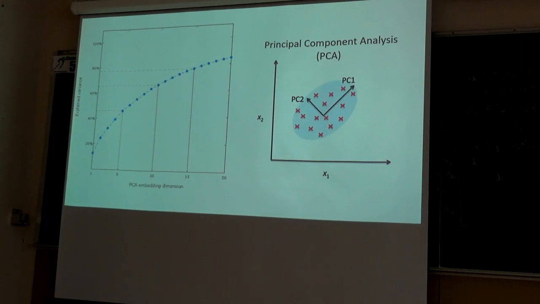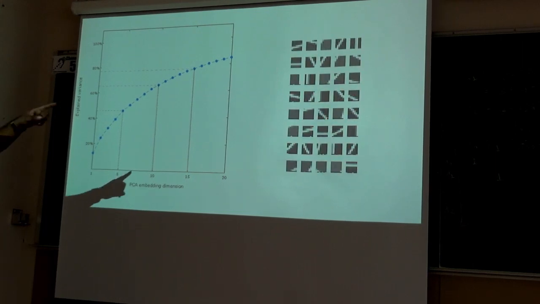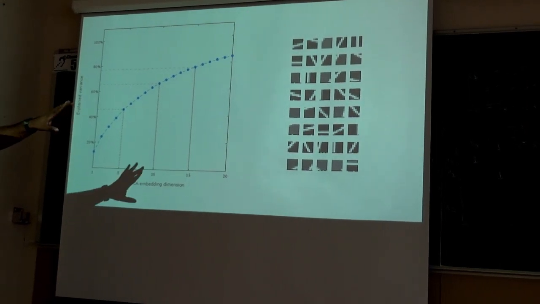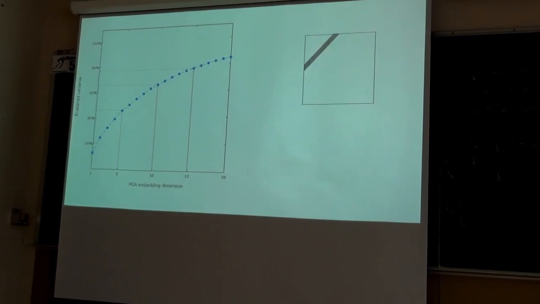Let's think about the data set for a second. So the data set is images that look like that, correct? Each one of those images can be described in the following way. You can give me the angle of the line with the horizontal, and you can give me the displacement from the middle of the patch. If you give me those two numbers, you should be able to recover the image, okay?